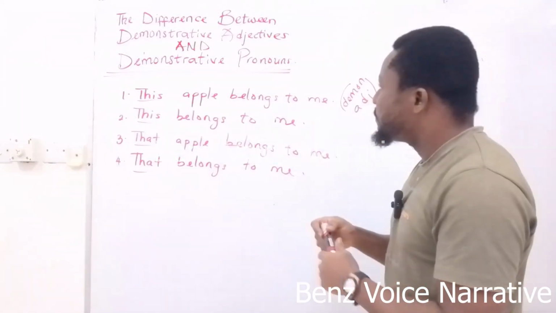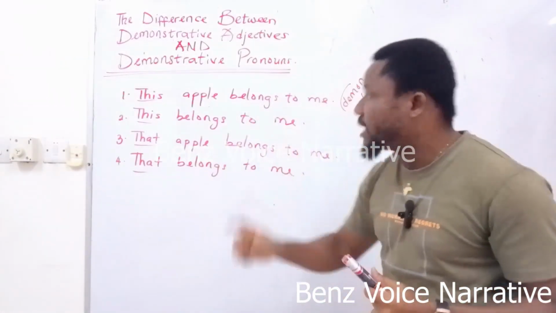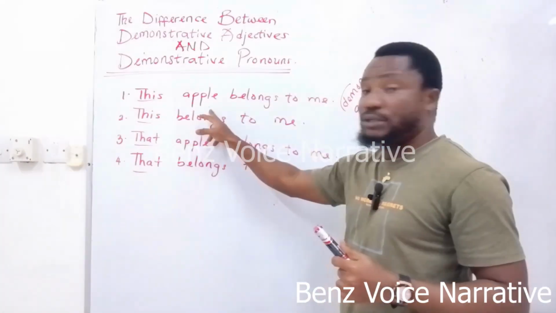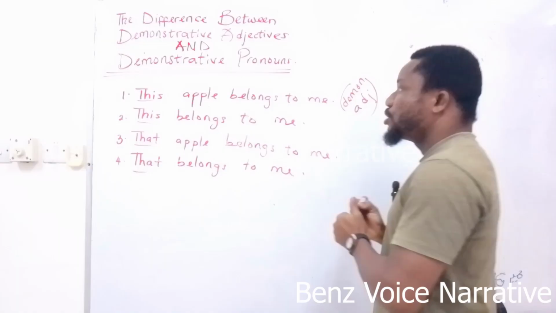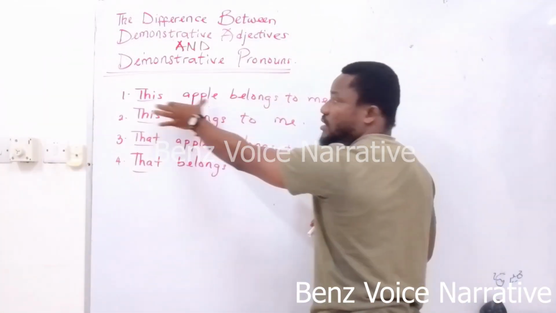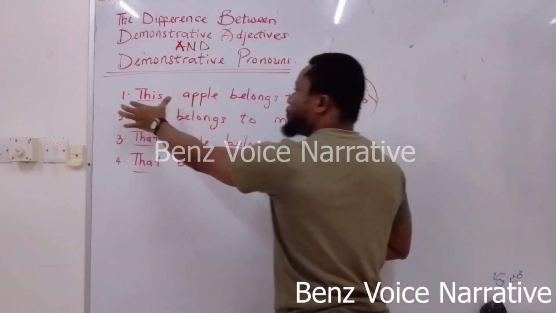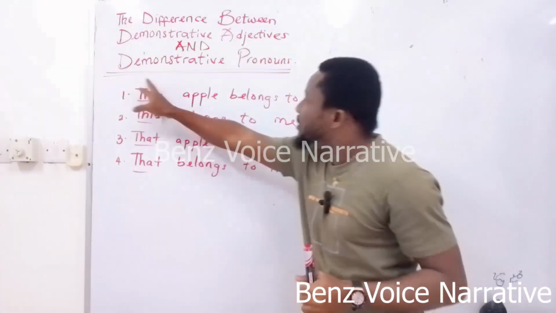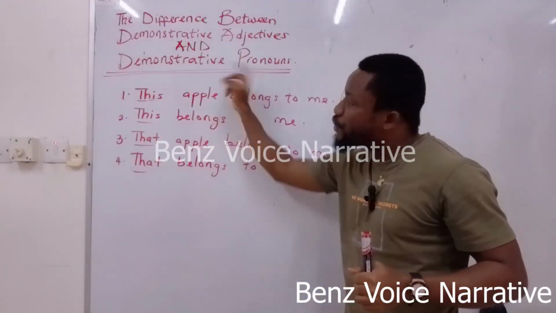So for you to have a demonstrative adjective in a sentence, structurally, you should have a noun come after it. Structurally, you're going to have the demonstrative and then you're going to have a noun. This apple, this girl, this house, this board belongs to me. So you have the demonstrative, this, and then the noun following after it.